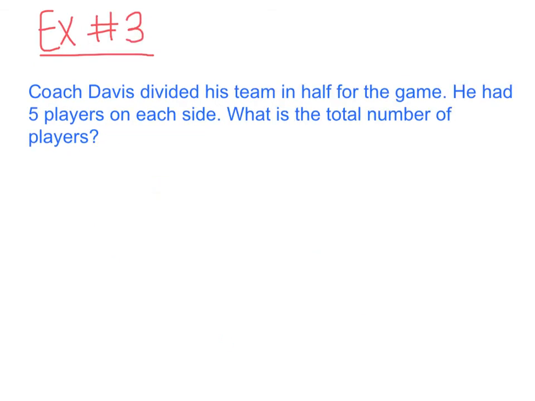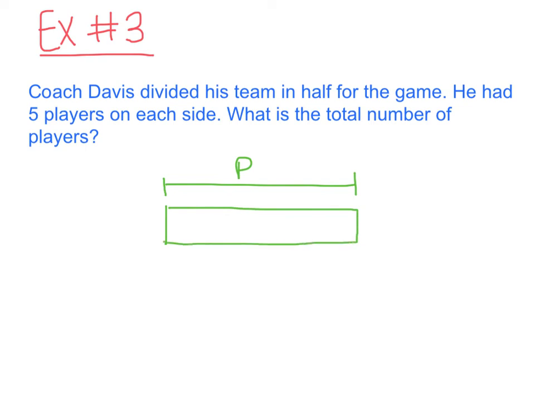Okay, our last example. Coach Davis divided his team in half for the game. He had 5 players on each side. What is the total number of players? So our total is, we don't know. So we're going to put a P for players. And then we have our box. And he divided them in half.